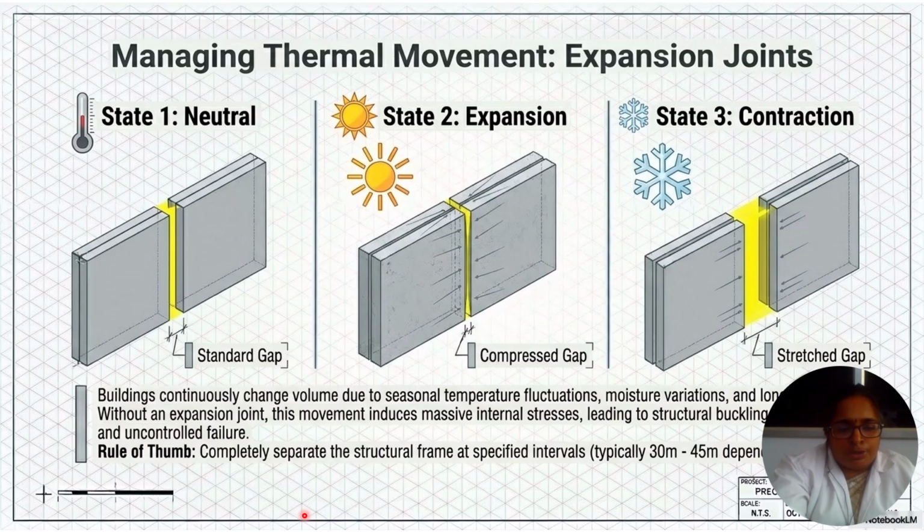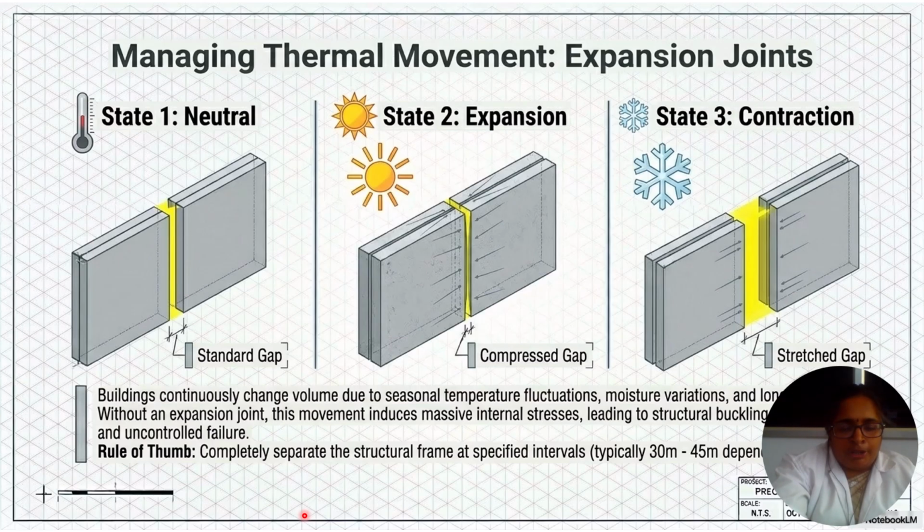The thumb rule is to completely separate the structural frame at specified intervals with the help of gaps or joints, typically at an interval of 30 to 45 meters depending on the system.